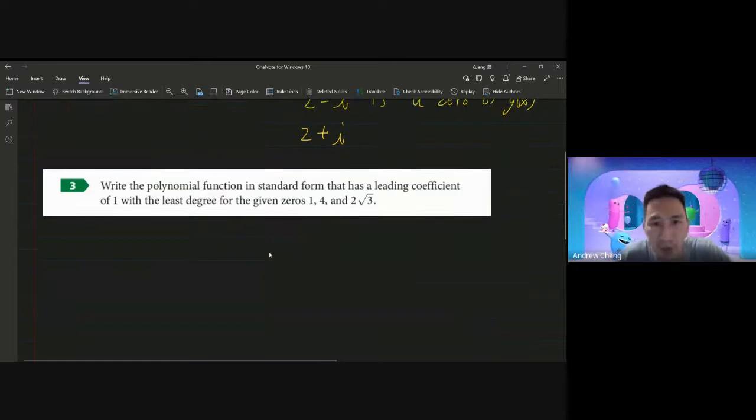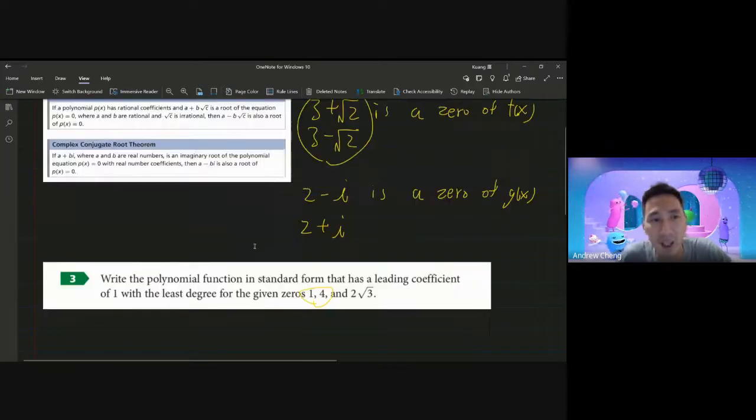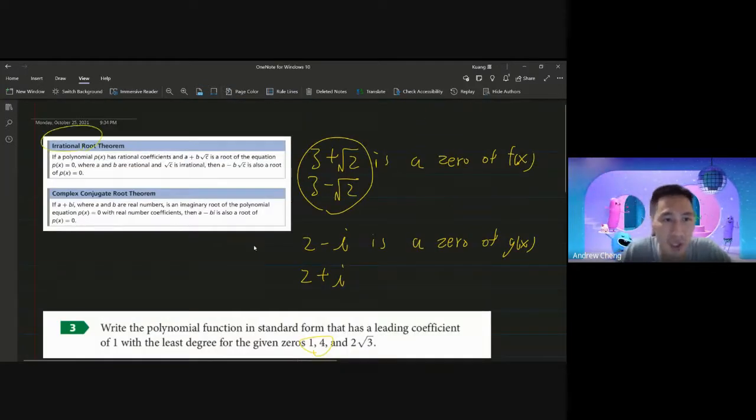Write a polynomial function in standard form with a leading coefficient of 1 and the least degree, given the zeros. We have two zeros: 1, 4, and 2 root 3. 1 and 4 are not irrational roots, because 1 and 4 are rational.